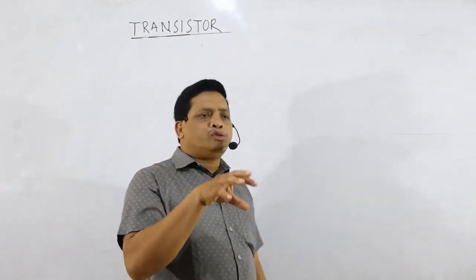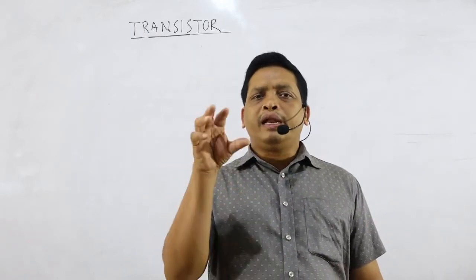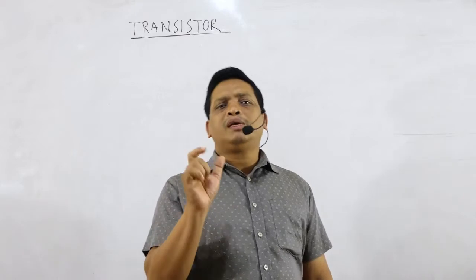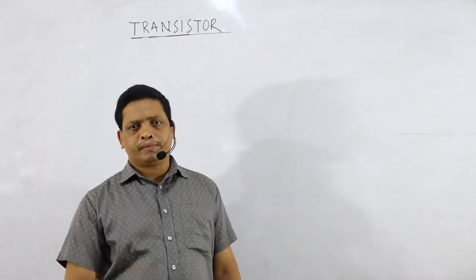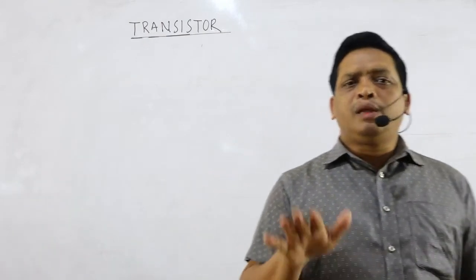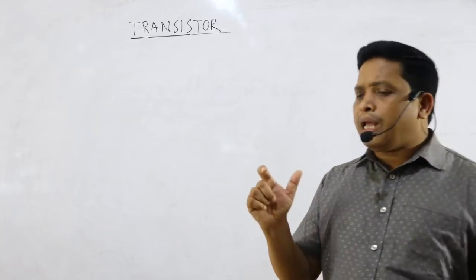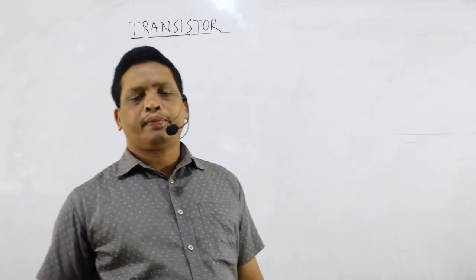The input PN junction, as it is forward biased, so input resistance of the transistor is very small, a few ohm. As the output PN junction is reverse biased, so the output resistance of transistor is very high.